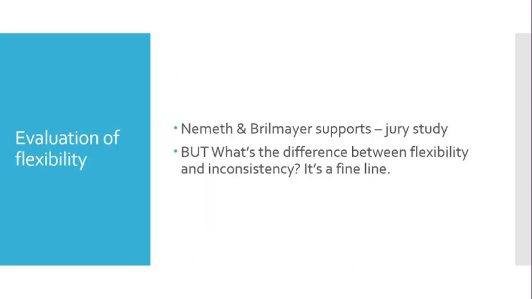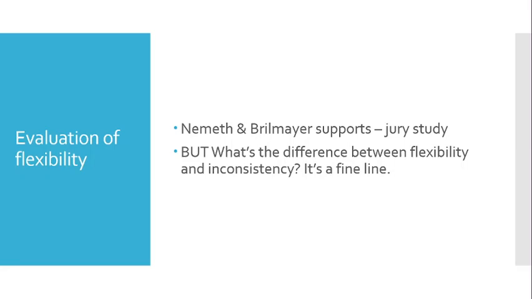And then we've got flexibility, which is the last one that we need to evaluate. And this one, we've got that Nemeth and Brilmayer study, the jury study where the flexible minority were the most persuasive. But the question really to ask on this one, and I guess this is more of a weakness of the idea of flexibility, is what's the difference between being inconsistent and being flexible?